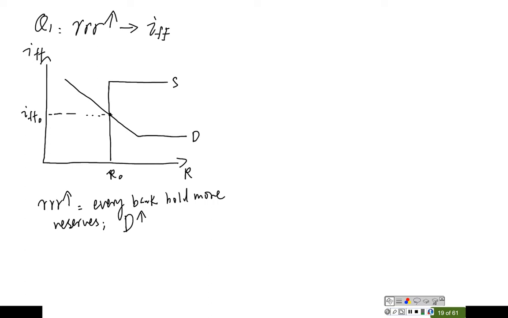But remember, the interest rate paid on the reserve balance, IORB, has no change, so the floor of the demand curve remains the same. The only shift is this part.